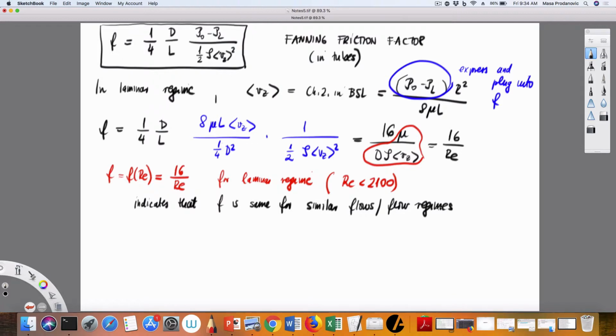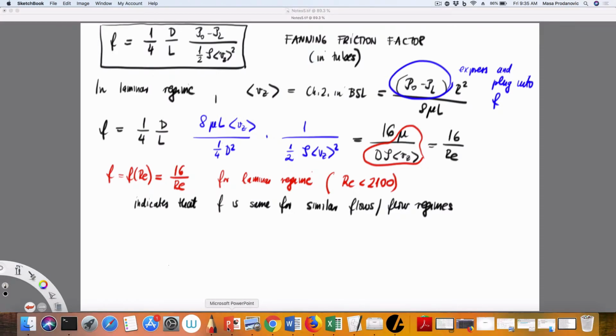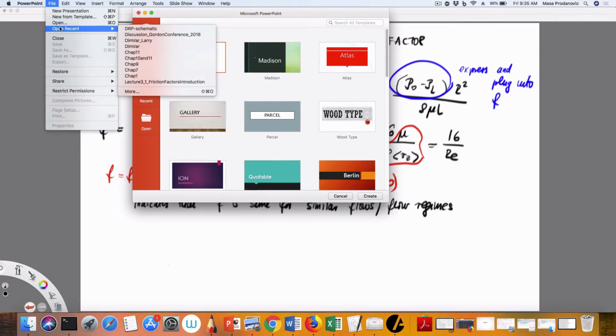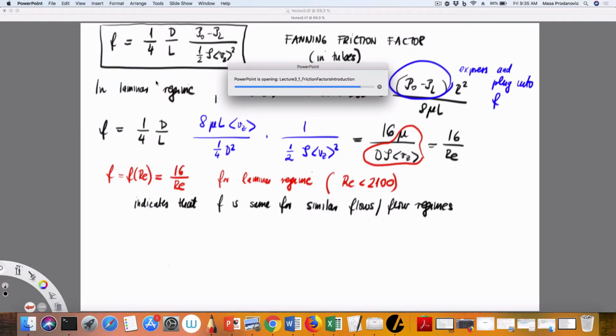So I can basically compute what that friction factor is, and I can plot it against Reynolds number and see what this relationship could be for different flow regimes. And that is the graph that I showed you last time around, during the introduction.